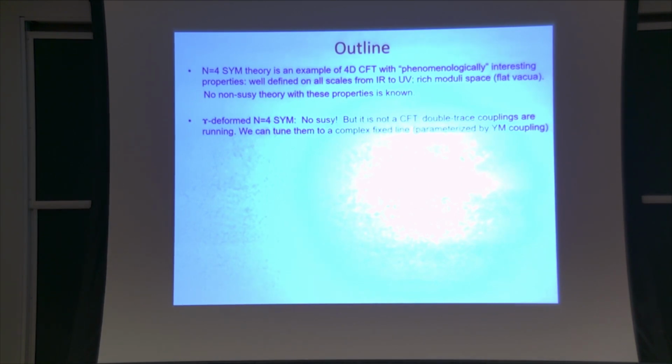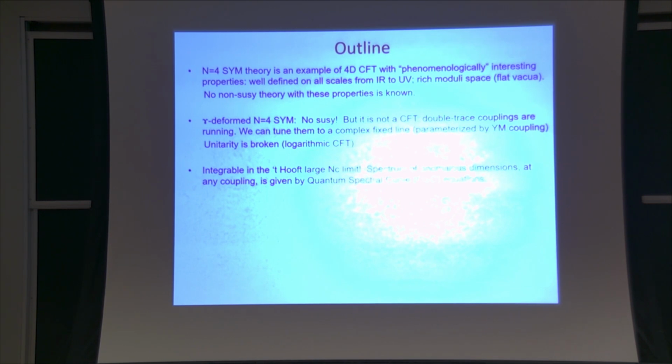But one could tune them to a fixed point, or rather fixed line, because all these couplings are functions of the Yang-Mills coupling, which is not running. And one can get still a CFT, but this CFT will be already non-unitary, because the fixed lines will be complex, and it's a logarithmic CFT that we know already. But remarkably, it's still integrable at this special tuning of couplings, even double trace couplings.